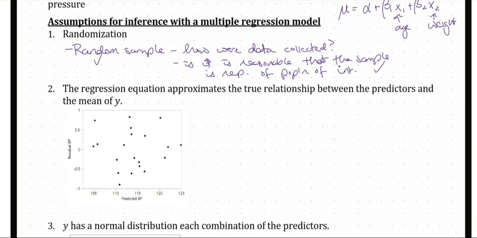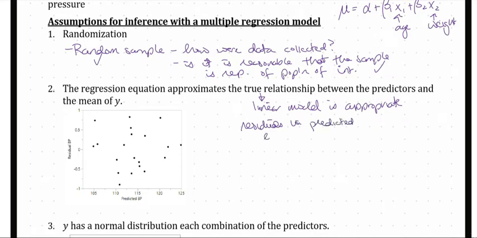The second condition is that the regression equation approximates the true relationship between the predictors and the mean of y. Really, we're hoping that the linear model that we're using is appropriate. Before, in simple regression, we used a plot of residuals versus the predicted values, a plot of e versus the y hats.